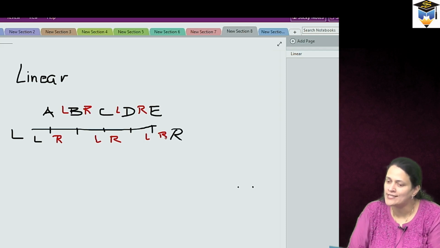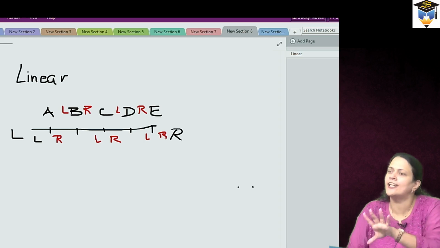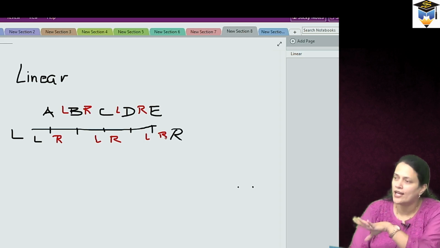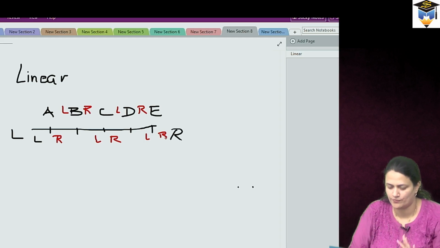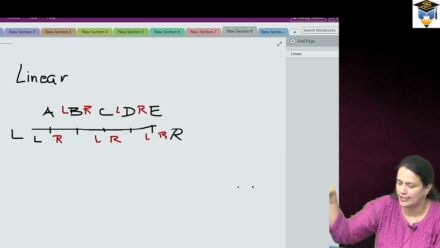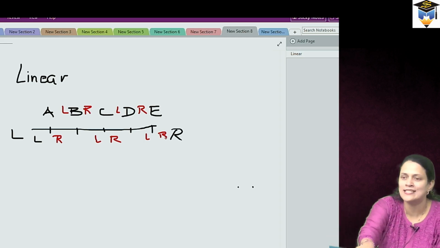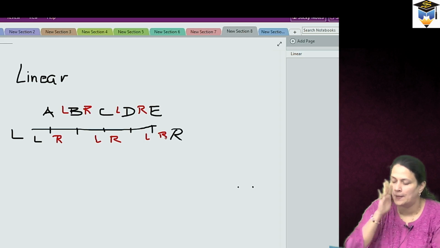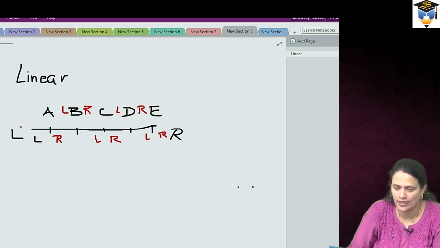So basically I can say that B and C are neighbors, C and D are neighbors. But can I say B and D are neighbors? Okay. So you have written that down. When direction of face is not clear, then we take ourselves as below. Draw this linear arrangement, and you can write the main L and R like this in a circle.